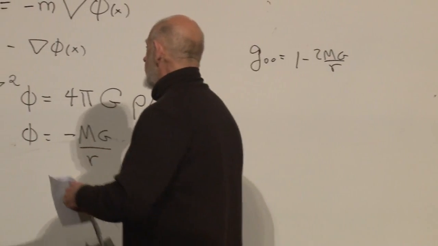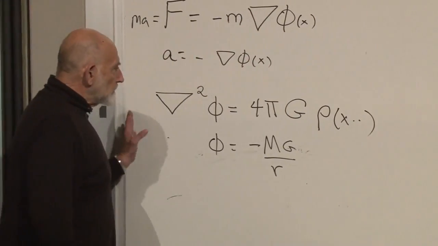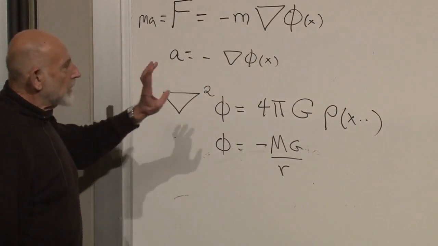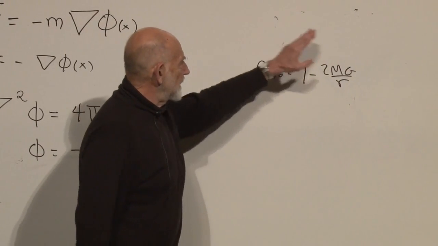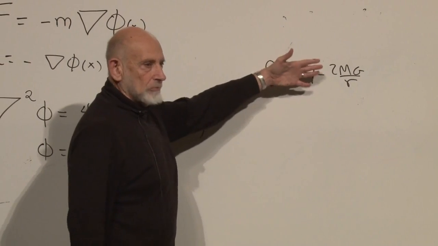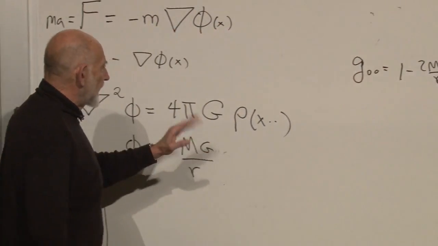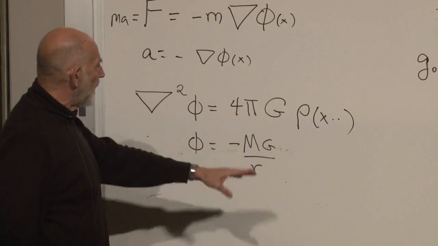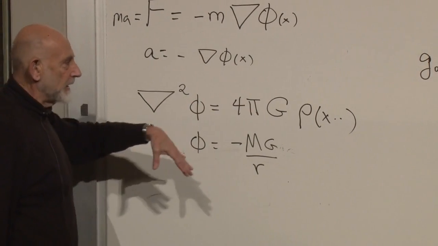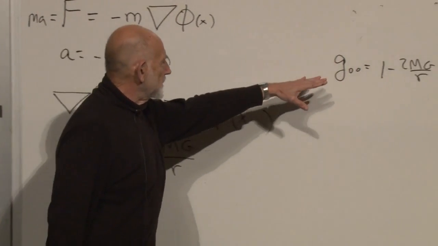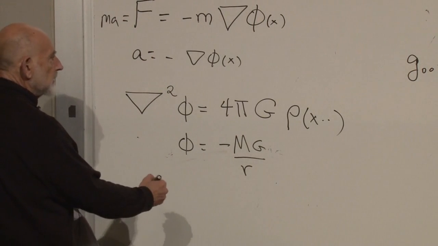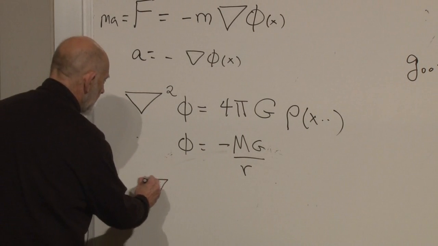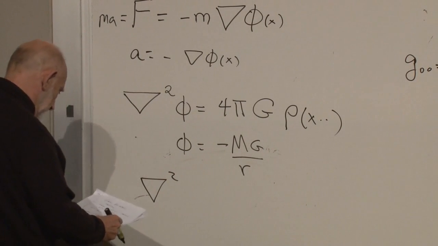And now I see that to the extent that 1 minus 2 mg over r can be identified with anything over here, we could think of this then as something like del squared. Let's see, I want to get the sign right.